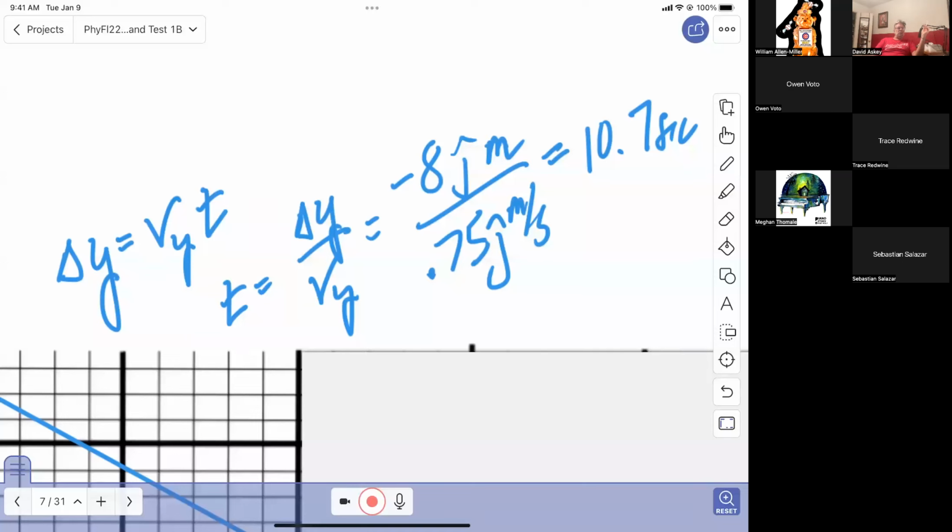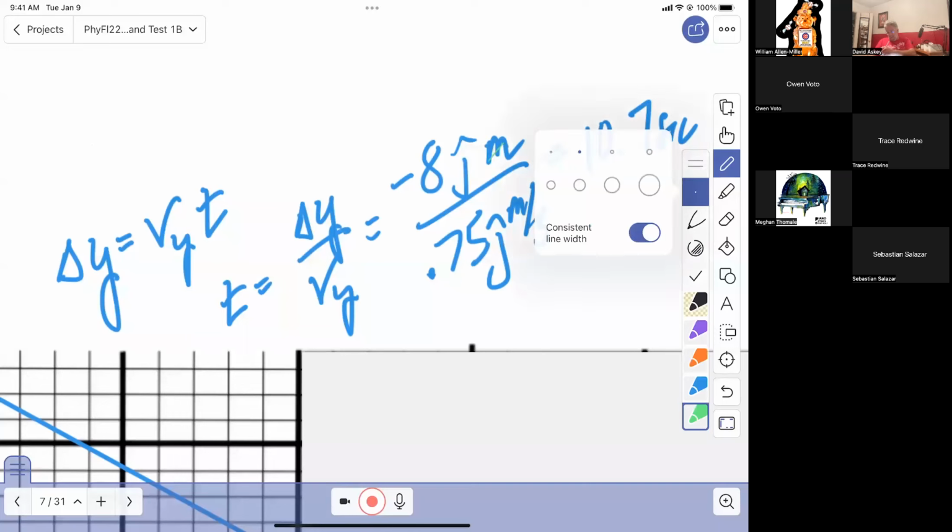So the J roofs canceled each other in that case. And notice on the units, the meter and the meter canceled each other, and you have 1 over 1 seconds, so seconds came on top. I mean, for physics, the math has to work. All right, so that's the first phase.